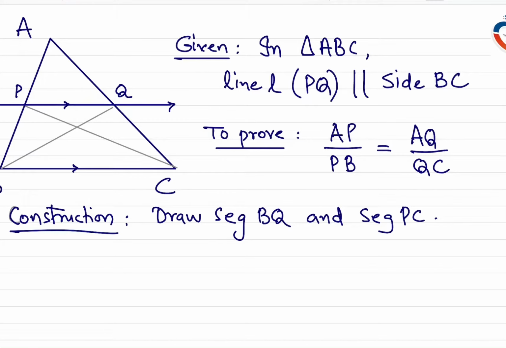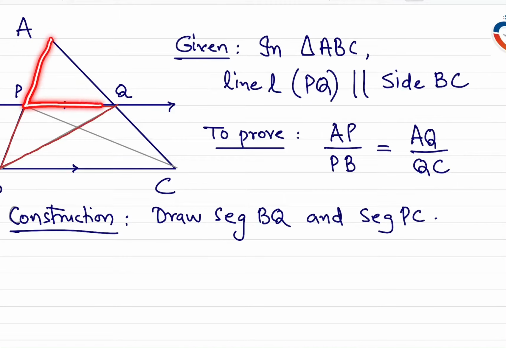So if you say triangle APQ and triangle BPQ, BPQ is this triangle, the red one. So triangle APQ, the blue triangle, and triangle BPQ, the red triangle.